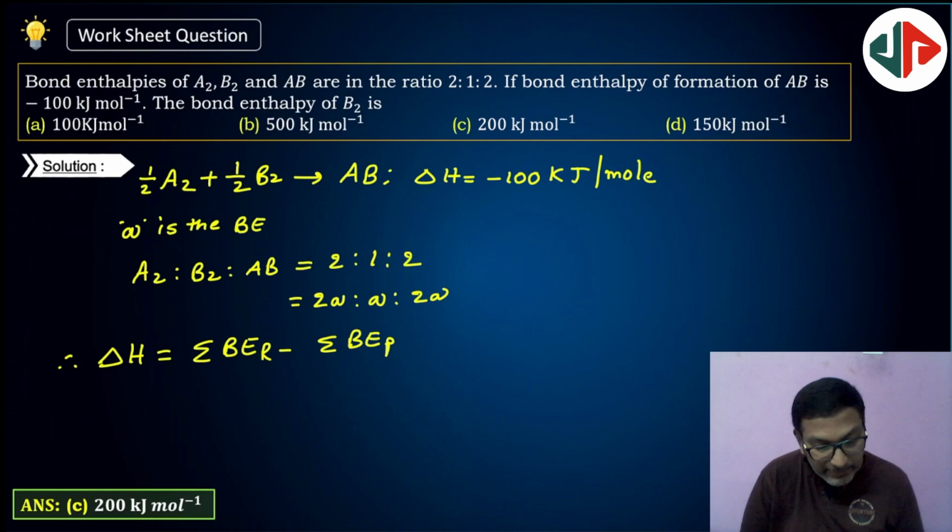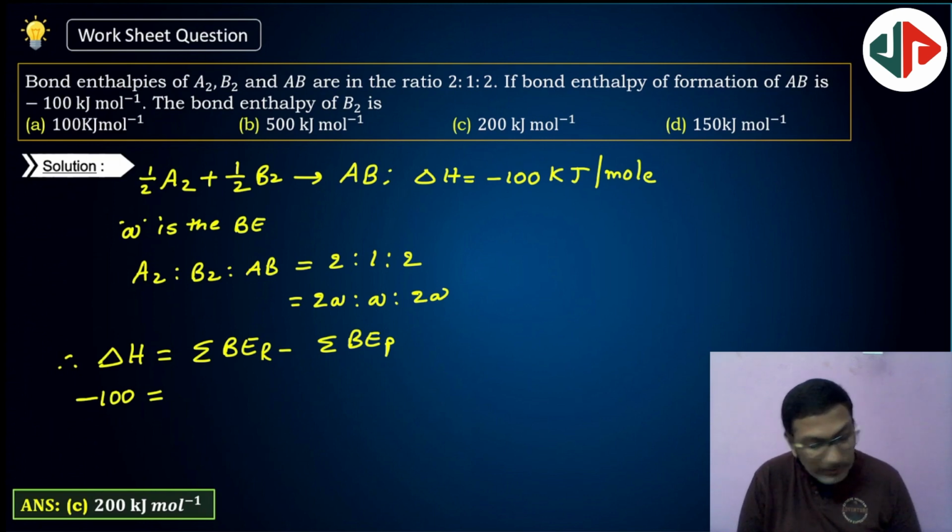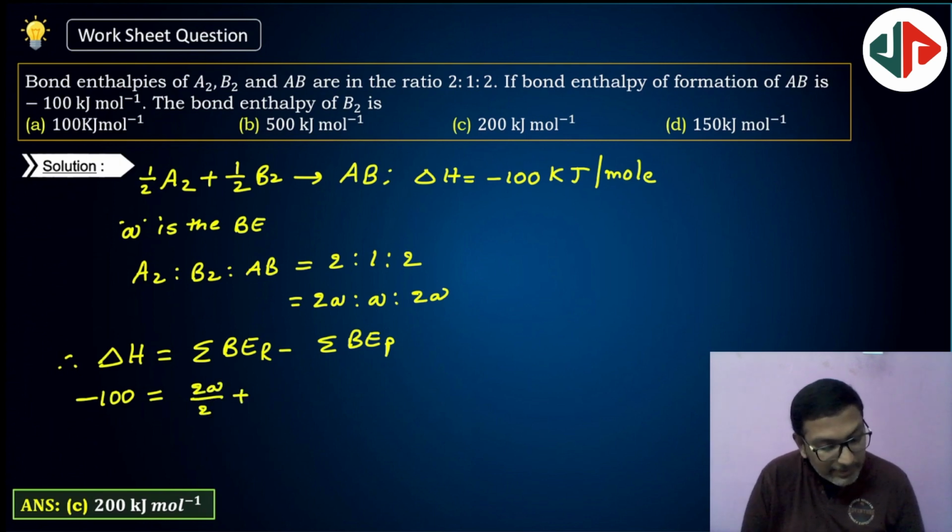So delta H value is given minus 100 equal to bond energies of reactants. So bond energy is A. So for A2, 2A, divided by 2 is there. That means 2A by 2 plus bond energy for B2, A by 2, minus 2A.